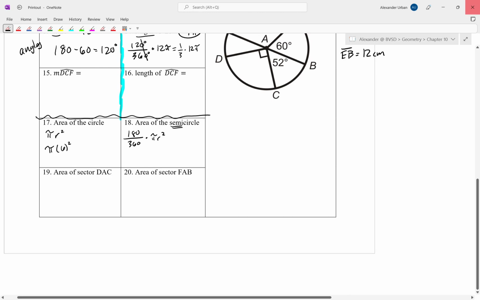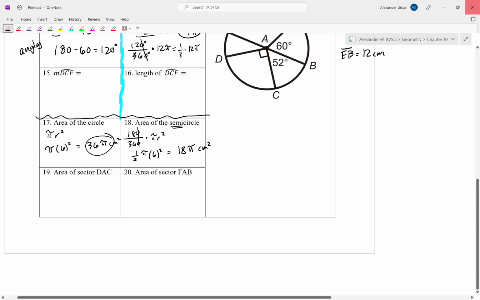In this case, 18 over 36 is really 1/2 pi times 6 squared. So 6 squared is 36, and we have pi. Now we need to cut that in half to get our semicircle, and that's going to get you 18 pi. And remember, this is in units squared, so we need to put centimeters squared for each one of these.